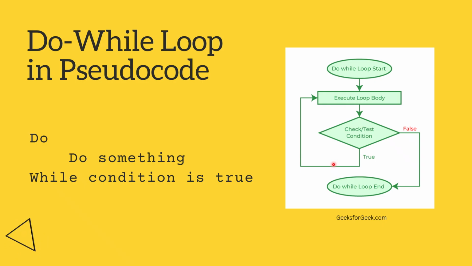You do the dance move again, okay? And then you check the condition again. Has the music stopped? Okay, if it's stopped, that means that you need to stop. You don't execute the dance move again. That's exactly how a do while works. It's like action first, then condition second.